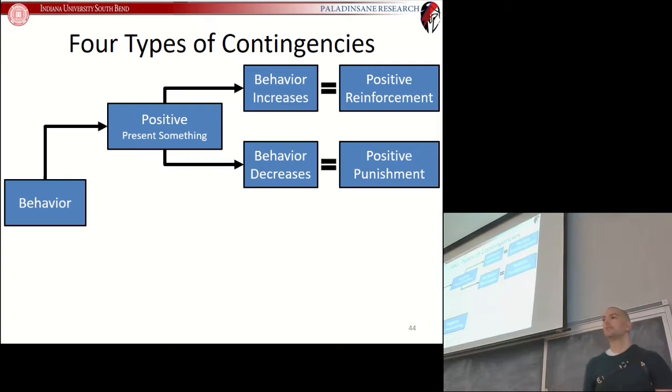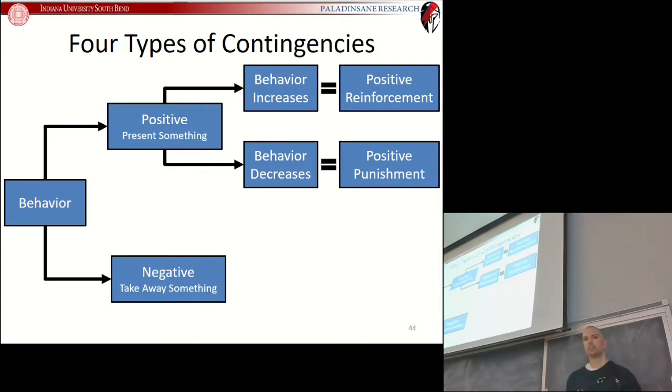The other 2 contingencies are both negative contingencies. Again, don't fall for the prepackaged definitions of the word negative. There's nothing bad, awful, or frowned upon about the negative contingencies.